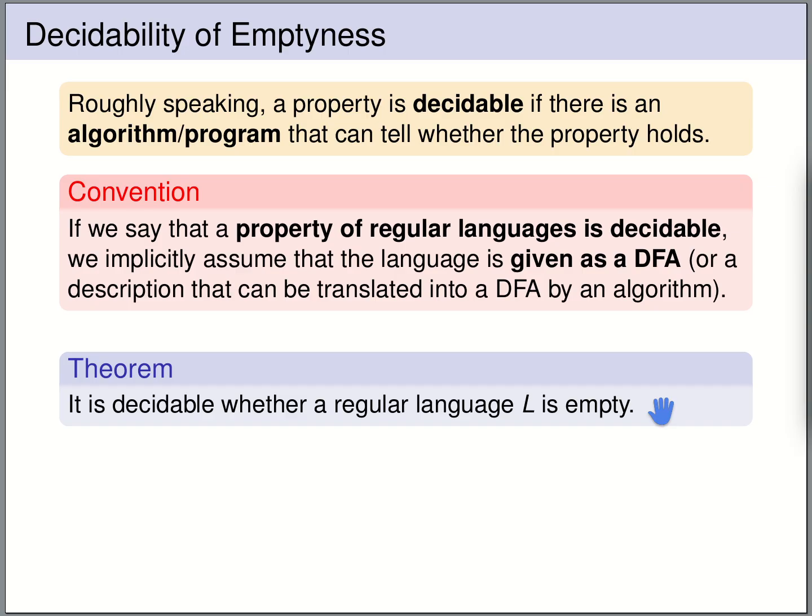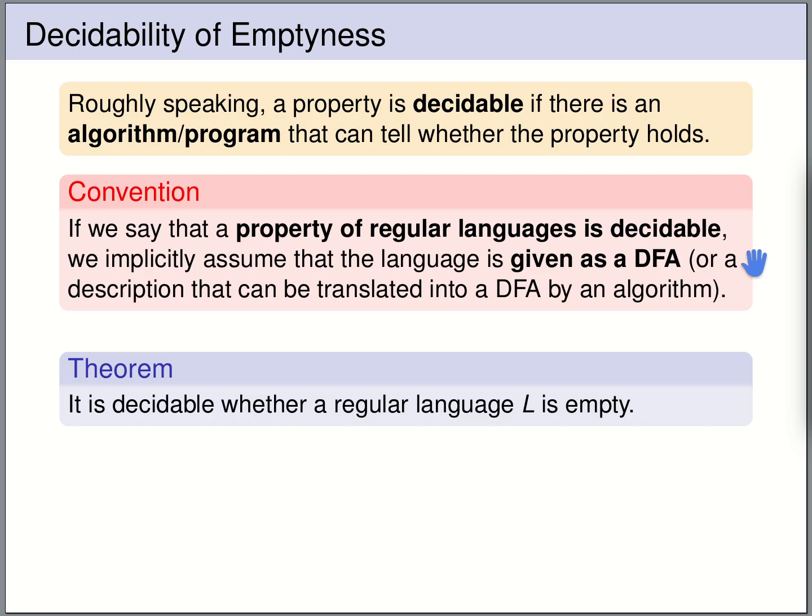A regular language can be infinite, so we cannot give the entire infinite language to the program. We have to give a finite description to our program. And what we mean if we say that a property of a regular language is decidable, then we mean implicitly that the regular language is given as a finite automaton to our program.